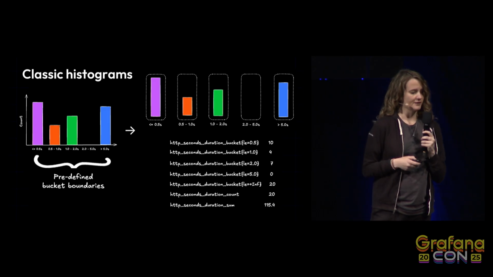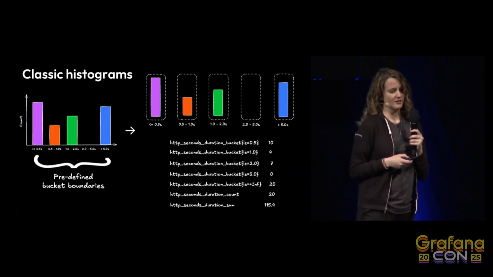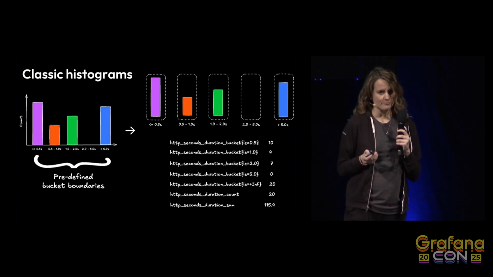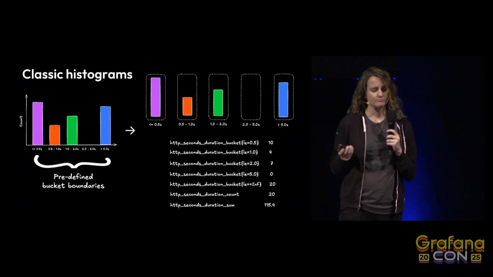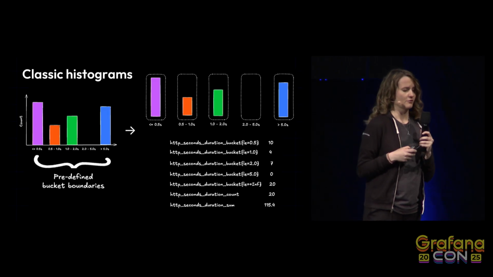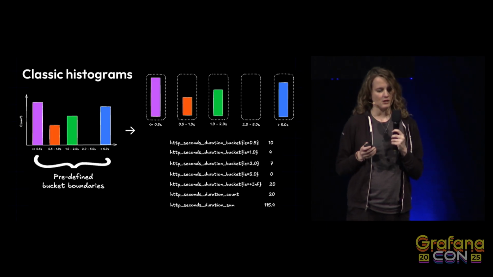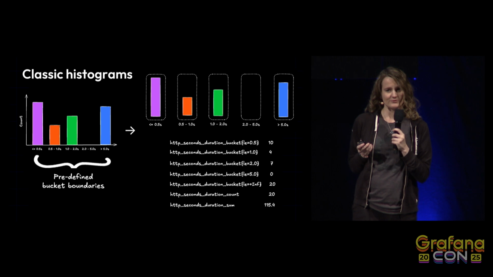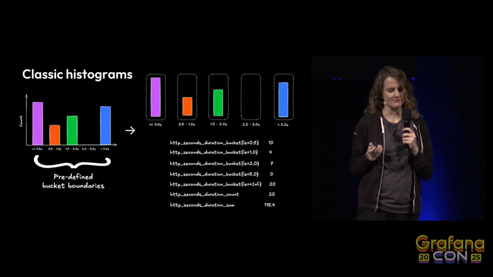When it comes to defining the bucket boundaries, it can be difficult to determine ahead of time what would be appropriate bucket boundaries for the data, and you may have to change them over time. When you do have to change them, it requires reinstrumentation and redeployment. It's also quite expensive to store buckets because each one results in a new time series.